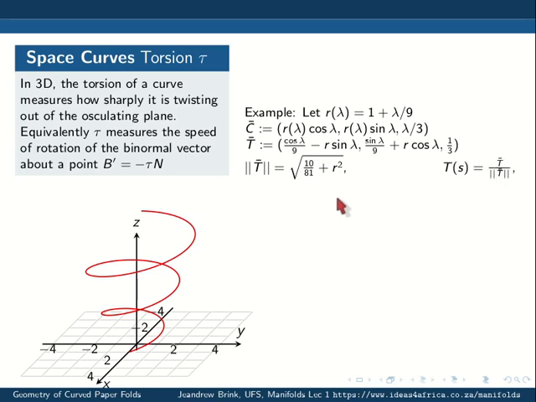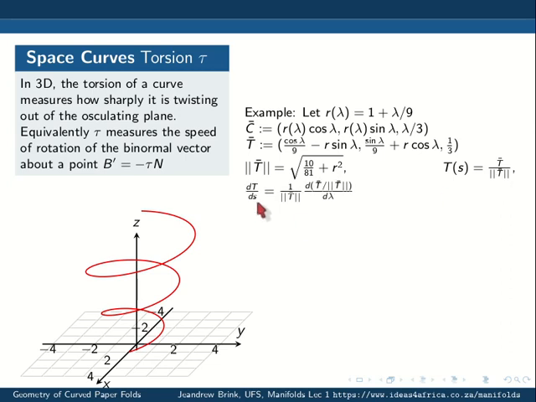Then we want our new arc length parameterized vector, which is basically our tangent vector made into a unit vector. This thing is a function of s, but these are all expressed as functions of lambda, which are implicit functions of s. So we can differentiate with respect to s by saying d/ds is just d/d lambda times d lambda ds, which is 1 over this norm.